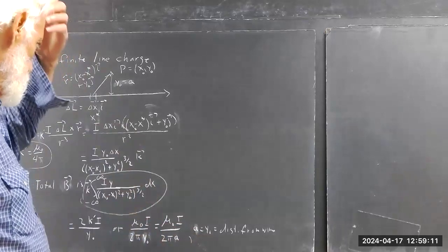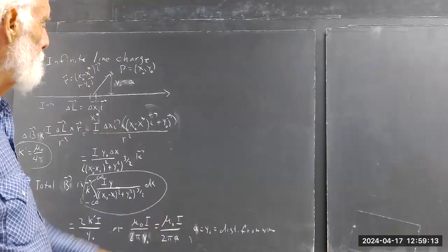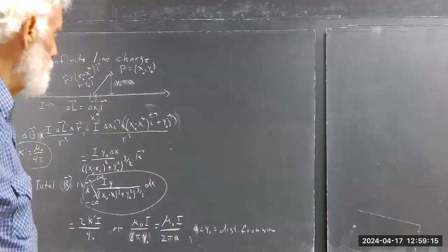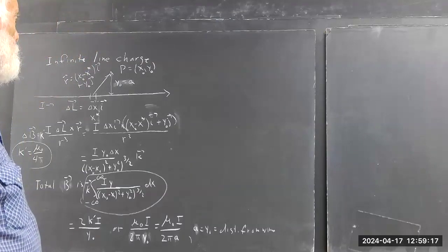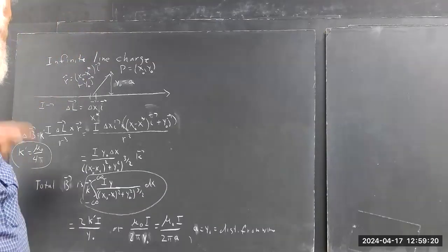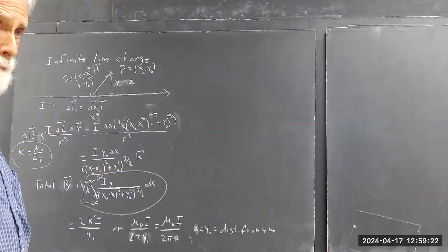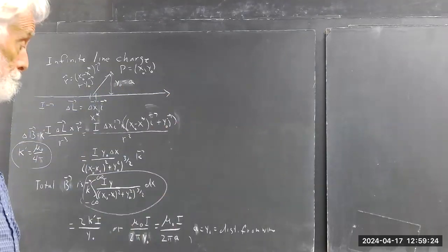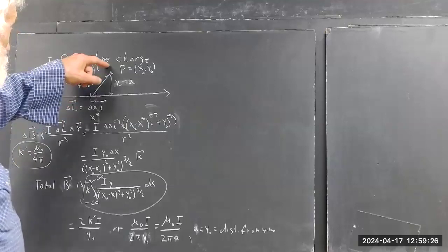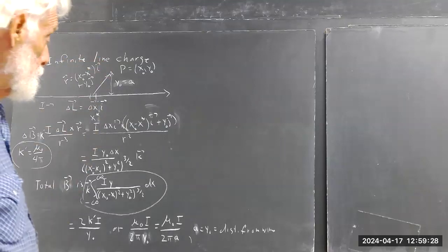So right there is the field due to the infinite line charge at distance A from the charge.